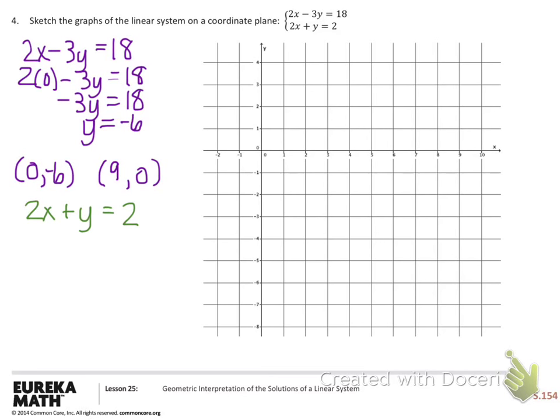Okay, so we've got a y-intercept at 0, negative 6. And we've got the x-intercept at 9, 0 right there. And so we can draw this line.